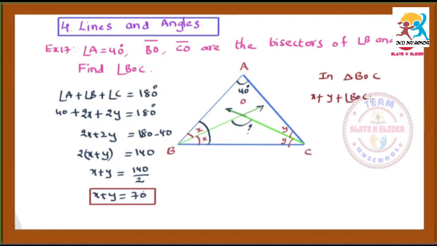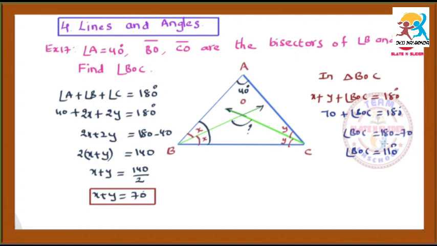So angle BOC is equal to 180 degrees. So substitute x plus y, we got 70. So in the place of x plus y write 70, and angle BOC is equal to 180 minus 70. So angle BOC is equal to 110 degrees. Like this we have to find.